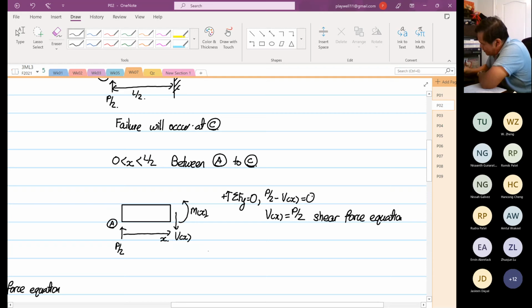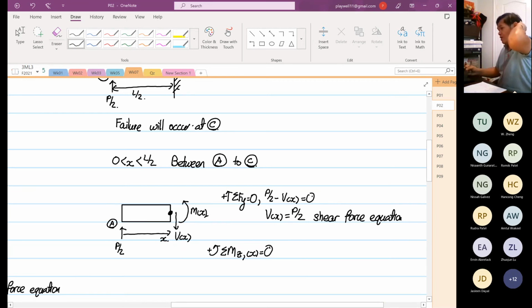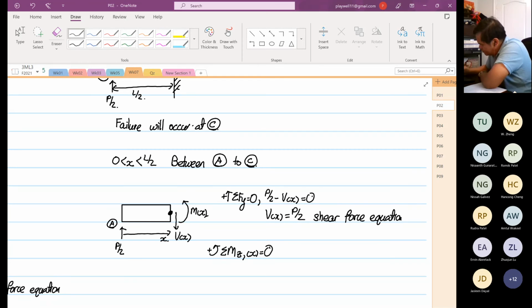And next we do our bending moment equation. Summation of moment in the z orientation anywhere at point x is equal to 0. So we are taking moment at this point, which I'm drawing a circle around now. That's where we are taking our moment. So this will be equal to minus Px over 2 plus M as a function of x equal to 0.